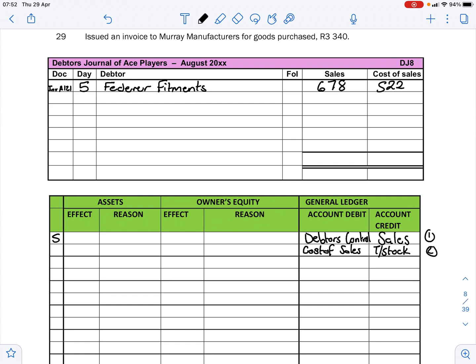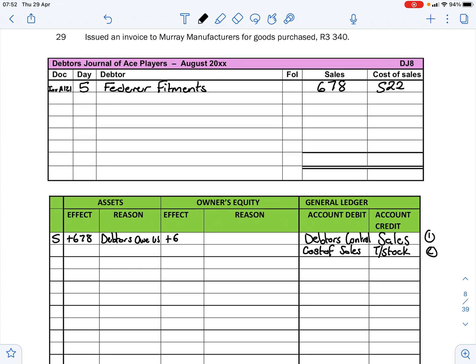Now, the effect on the assets column in the first one is a plus 678 because debtors owe us. Okay, plus 678 under the OE column because sales is an income.